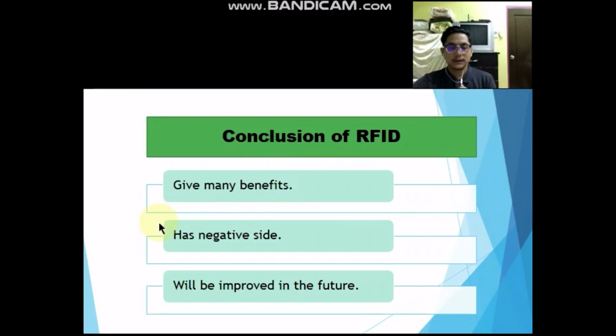Next, RFID also has its negative side, such as being more expensive compared to the barcode system, and the RFID signal also sometimes has problems with some other materials. And last but not least, it will improve in the future.